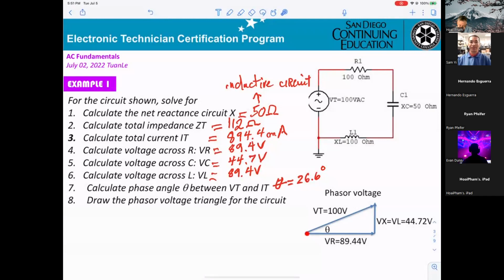That's why when you draw VR here and VL leading 90, they go up. Okay? That's why you can get the theta here, and you know the angle will be positive, not negative. However, for IC, then IC will be lagging by 90, so they go down. Okay? So that's why you get negative.